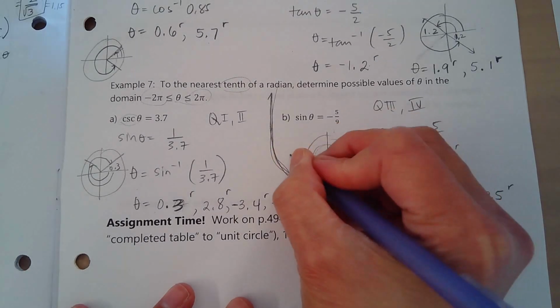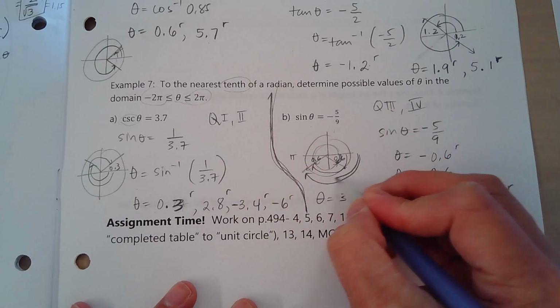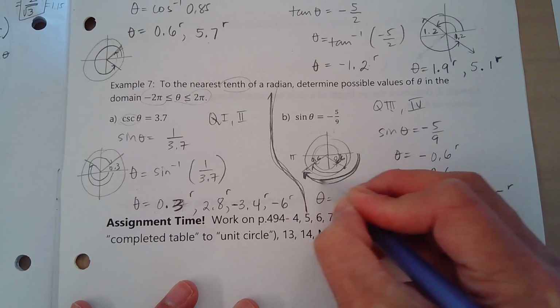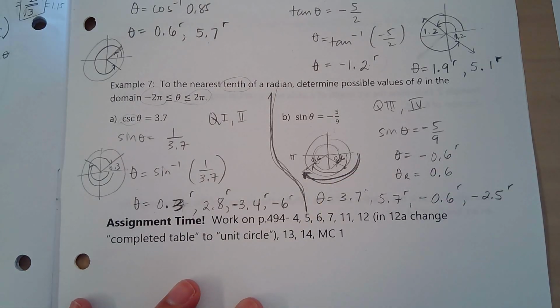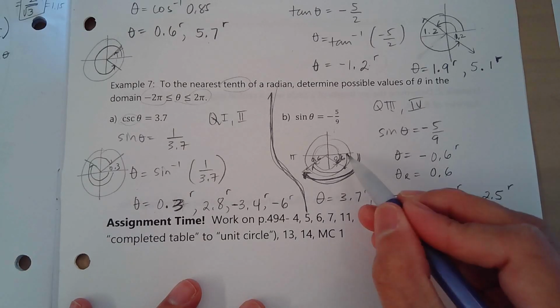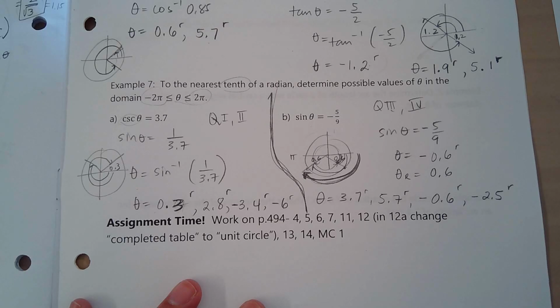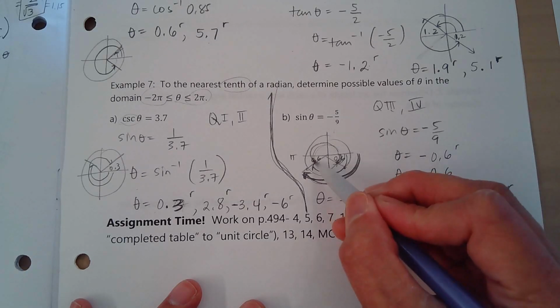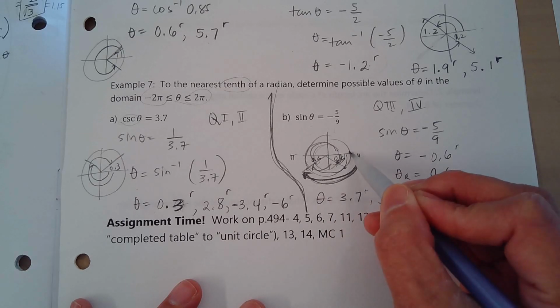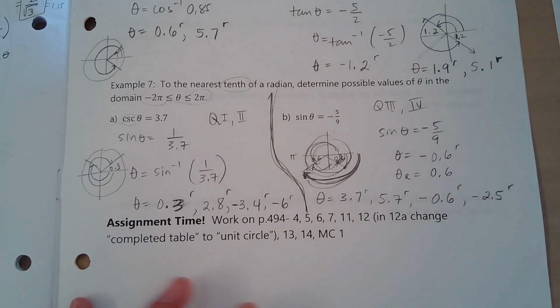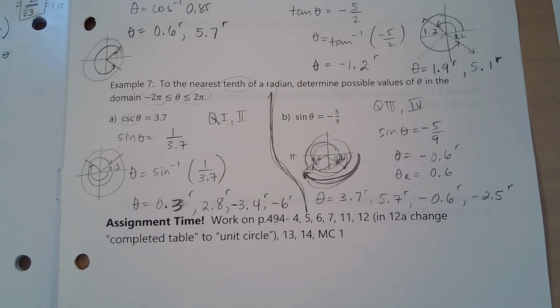So wait, if we're going negative, should I just... Yeah, so we go from here to here. So from here, if we're going to go this way, negative 2.5. So we go from here to there, and then from here to there. Okay, so that's good.